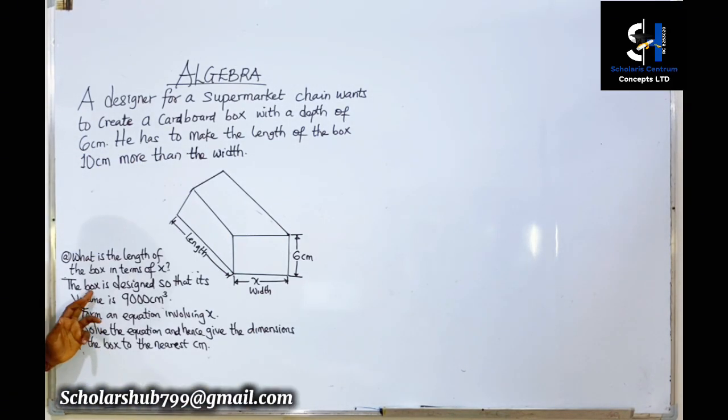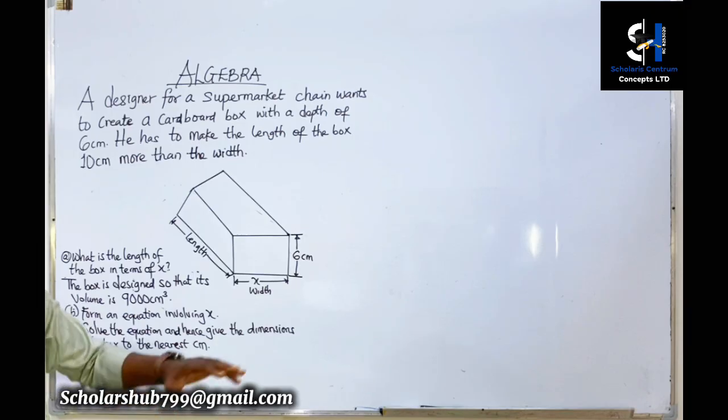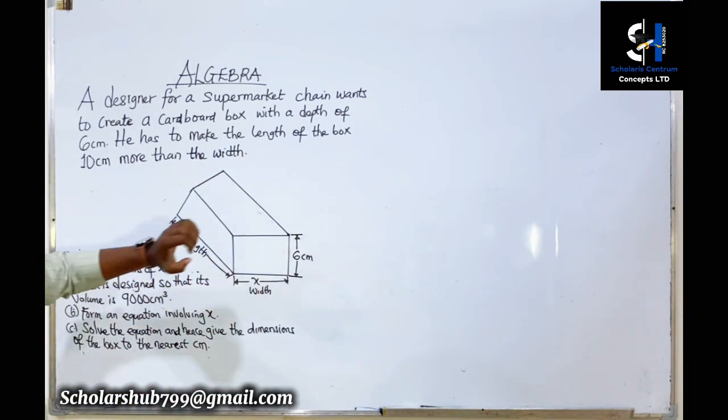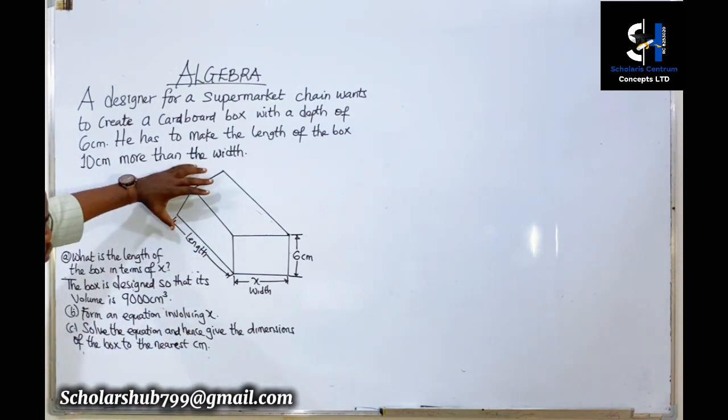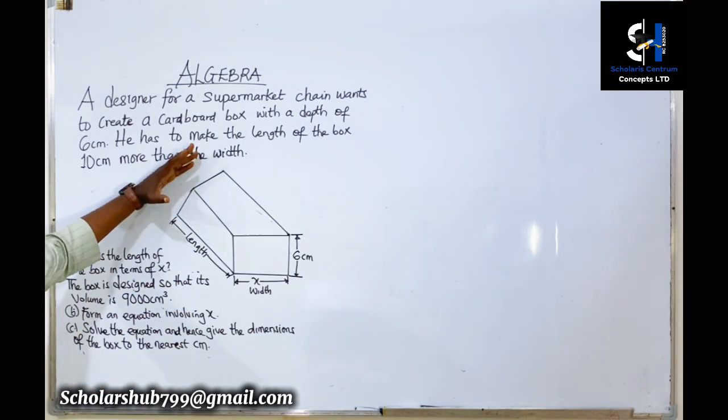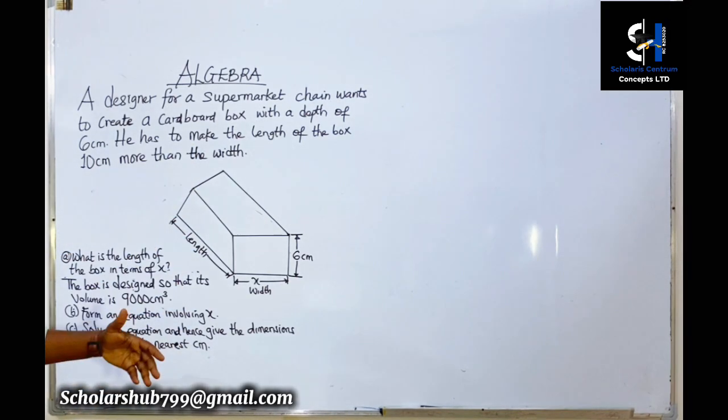Also, the box is designed so that its volume is 9,000 cubic centimeters. So we are asked to form an equation involving x using the volume. We know that this box has the shape of a cuboid, also known as a rectangular prism.